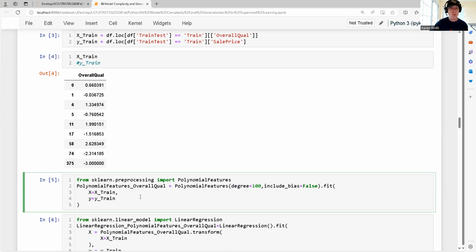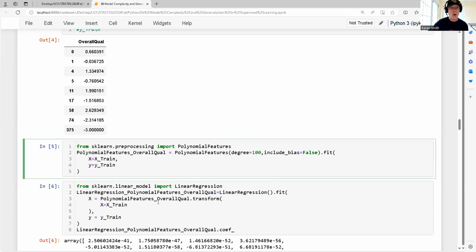So what we're doing here is the transformation to get the predictor variables. Effectively we're taking the exponent of that one column, over and over, to get a new training data matrix. Here I am fitting everything on that, and now I'm going to do the transformation.